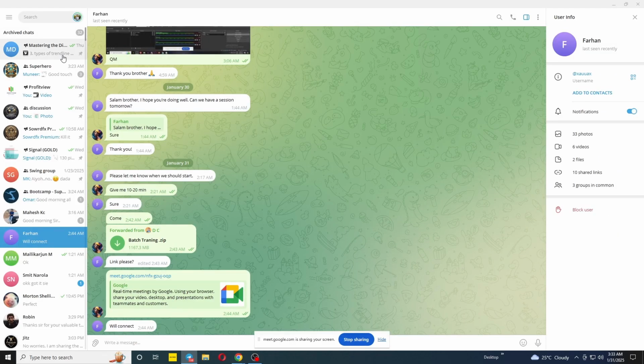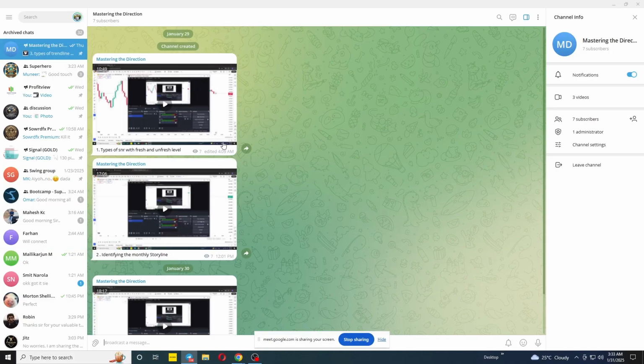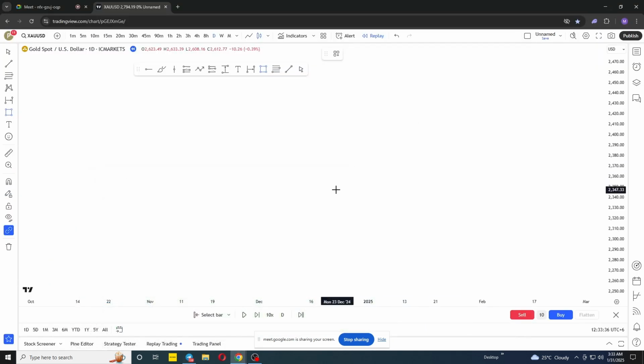I do not need to show you actually, because I am making at least a few videos on this. Most people know that SNR learning is easy, but when it comes to direction, this is where the struggle starts. So I'm planning to make at least 40-50 videos for the SNR way, engulfing way, and with some VWAP confirmation. I will give you early access to the room a little bit later. Now let us move on here.